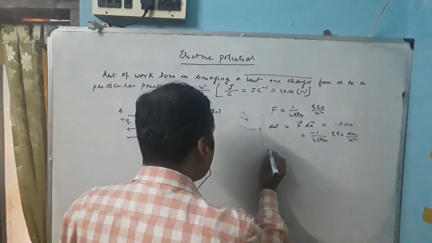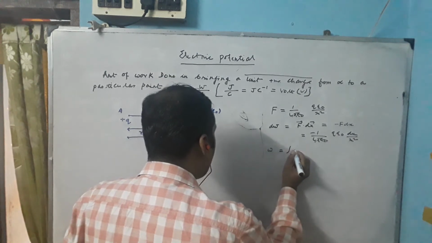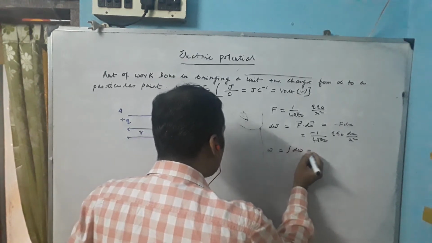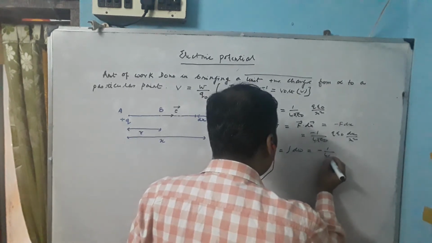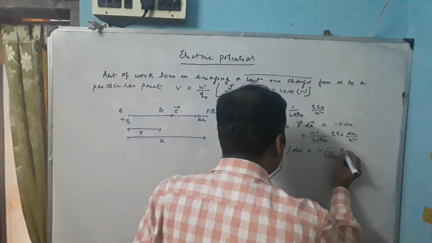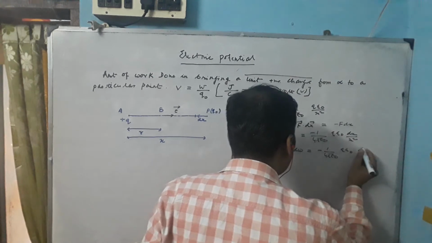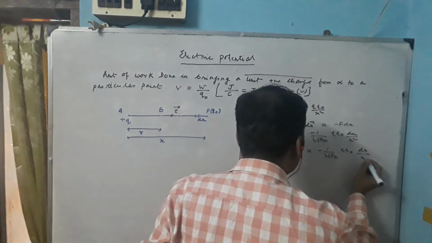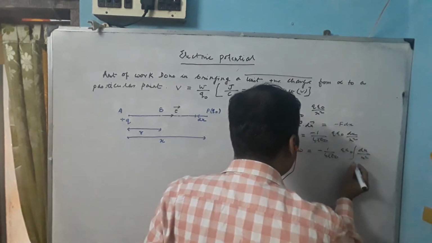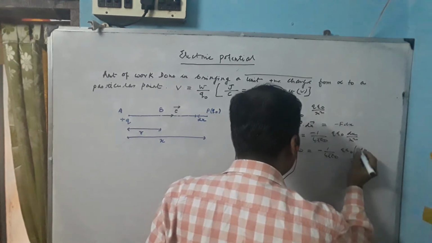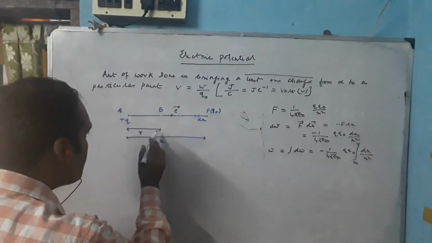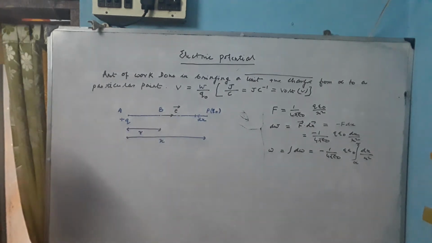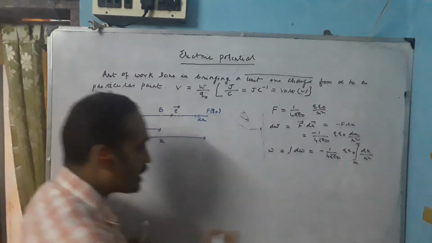Now finally we need to find the total work done. So we need to integrate, and while integrating we should be integrating the right side also, and the limit here is infinity to that particular point B, which is at a distance r from A, where we need to find out the potential.